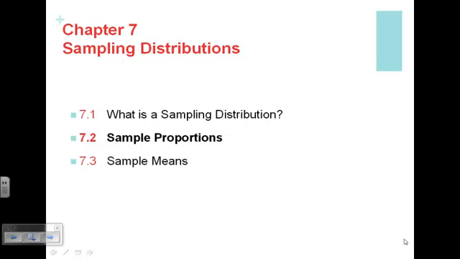We spent the last 3 days talking about sampling distributions. I want to talk today in section 7.2 about one particular kind of sampling distribution known as the distribution of sample proportions.